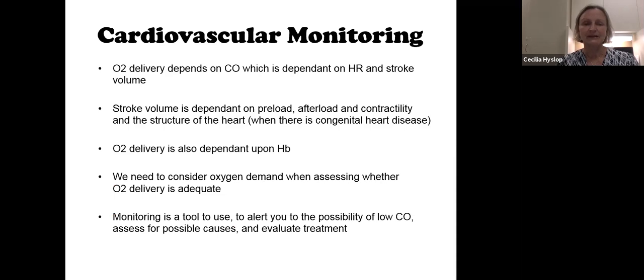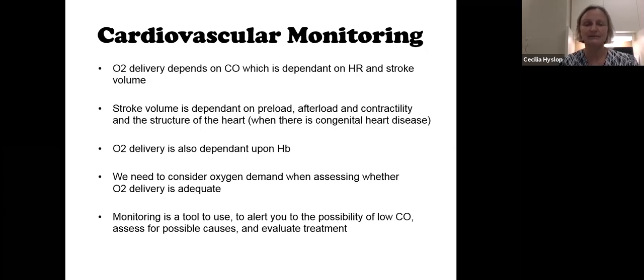So when we're looking at cardiovascular monitoring, oxygen delivery depends on cardiac output, which is dependent upon a good heart rate, so a heart rate that's not too slow, not too fast, not irregular, not having arrhythmias, and stroke volume. So the stroke volume is the amount of blood that is ejected with each heartbeat, from the right and the left ventricle.